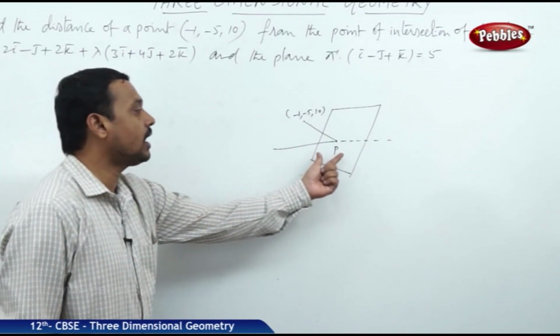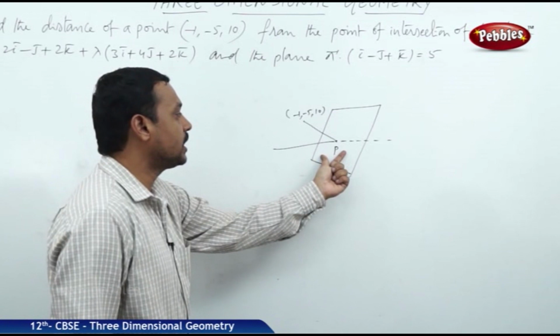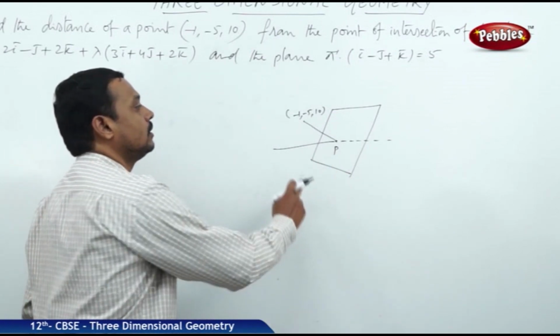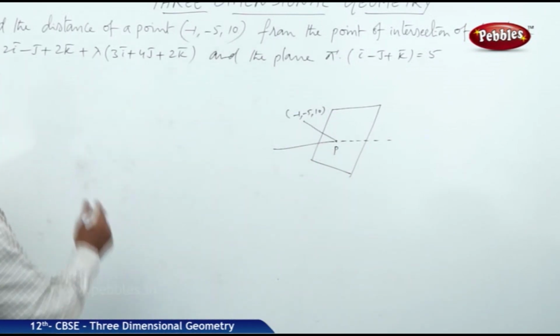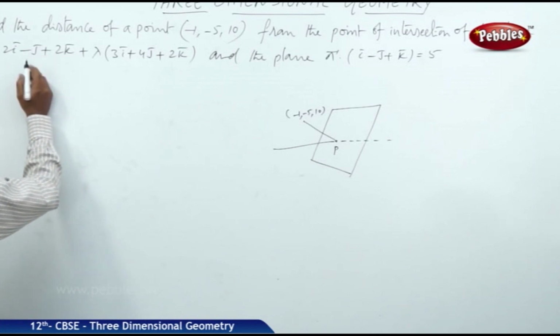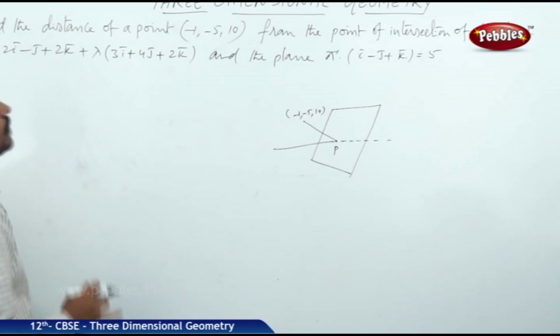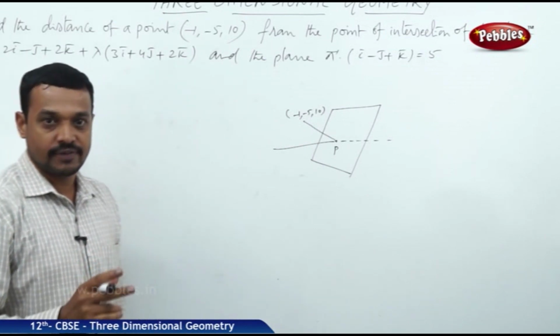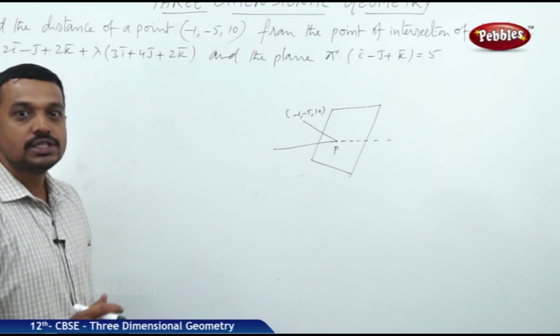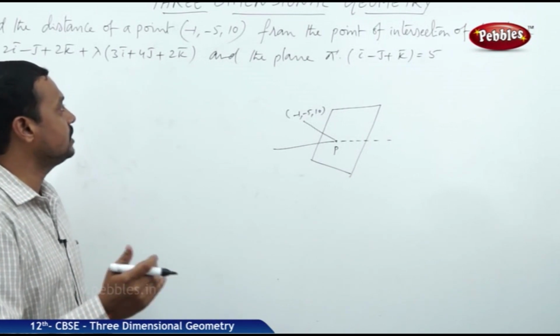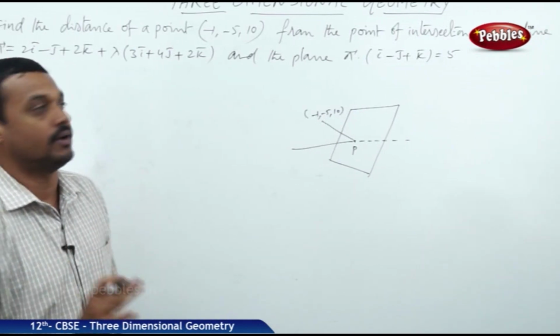Now, to find the point of intersection of the line and plane, we have to consider the Cartesian equation of the line in the form of (x minus x1) by a1 is equal to (y minus y1) by b1 is equal to (z minus z1) by c1.